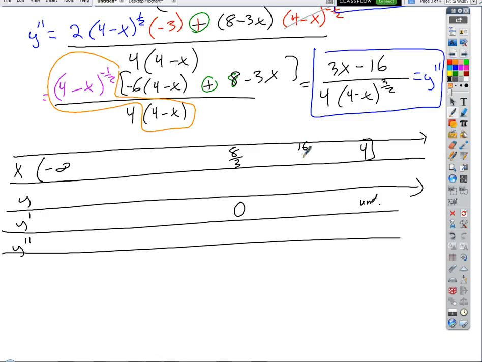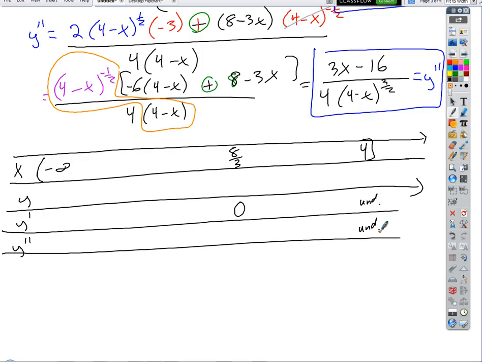Well, actually, hang on, 16/3. That's bigger than 4, isn't it? Right, so is that a critical number? No, it is not. And where does the bottom equal 0? At 4. So once again, this is kind of superfluous, but we could put an undefined there if we want, right? So we want to analyze this thing. What can we do?